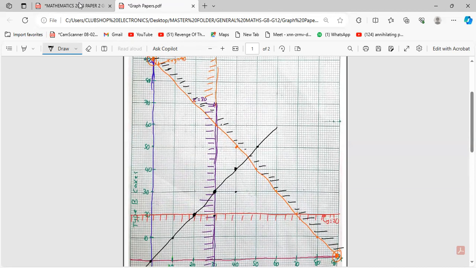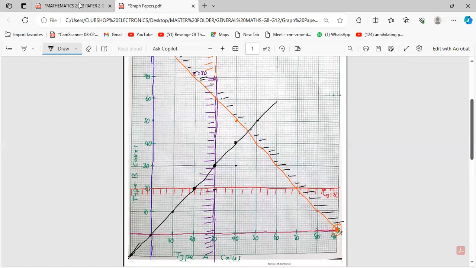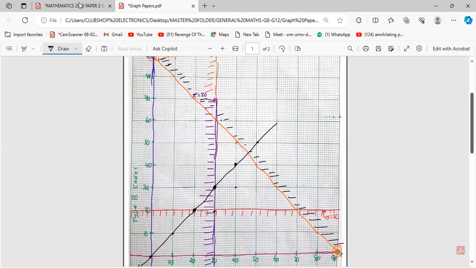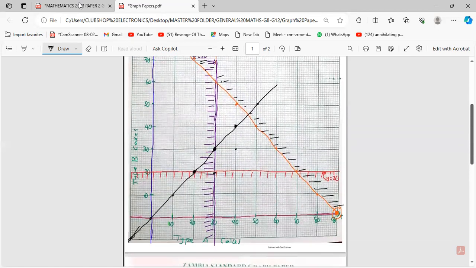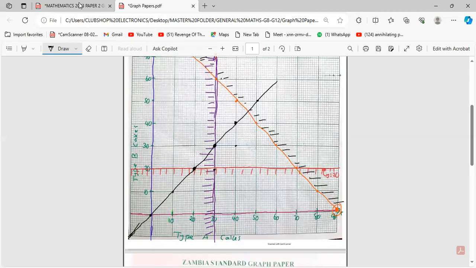So what we want is the less part. So from here, as you go down, this will be less. As you go above, that will be greater.